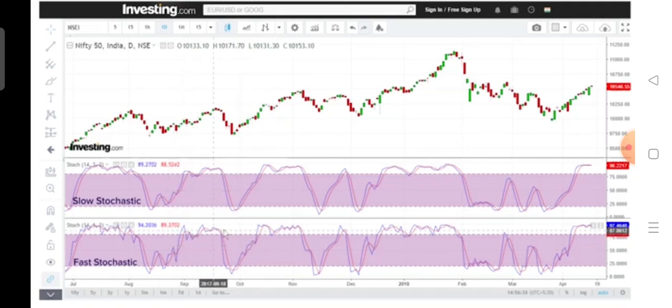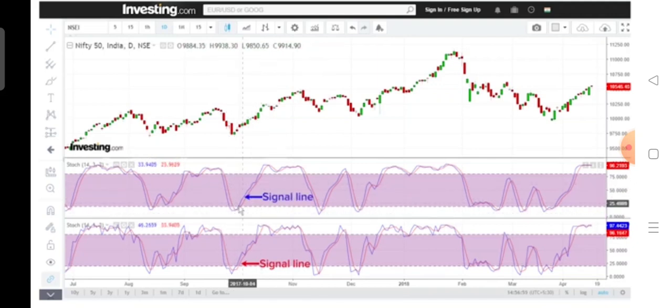One important thing, if you look very minutely, you will notice that the red signal line in the fast stochastic is actually the blue line in the slow stochastic.